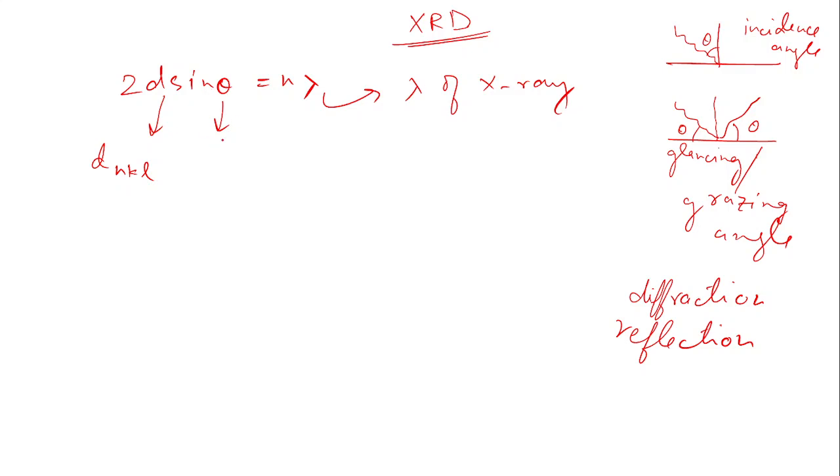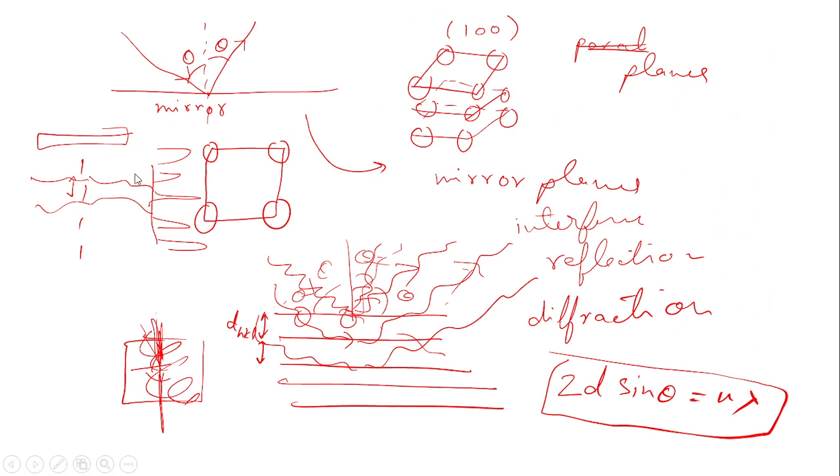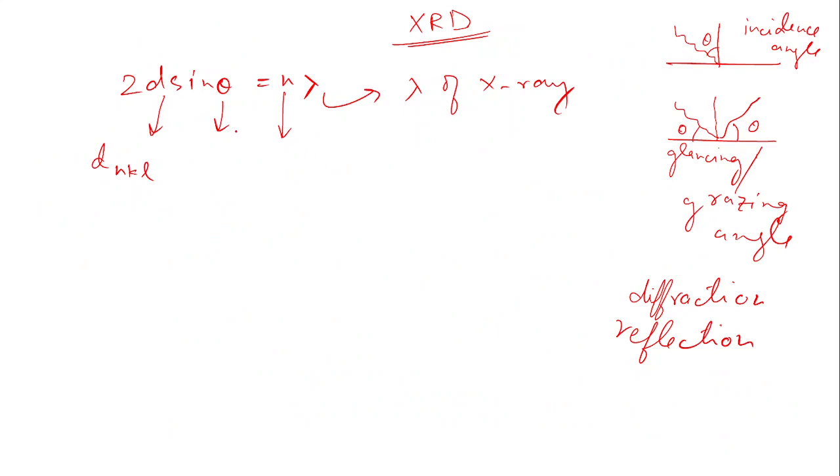Okay, so this is theta. n is the order parameter. Like I told, in diffraction we used to see a primary peak and then a secondary peak. So n is equal to 1, n is equal to 2. We used to say this is order 1, order 2. In a similar way in XRD we also get different orders.